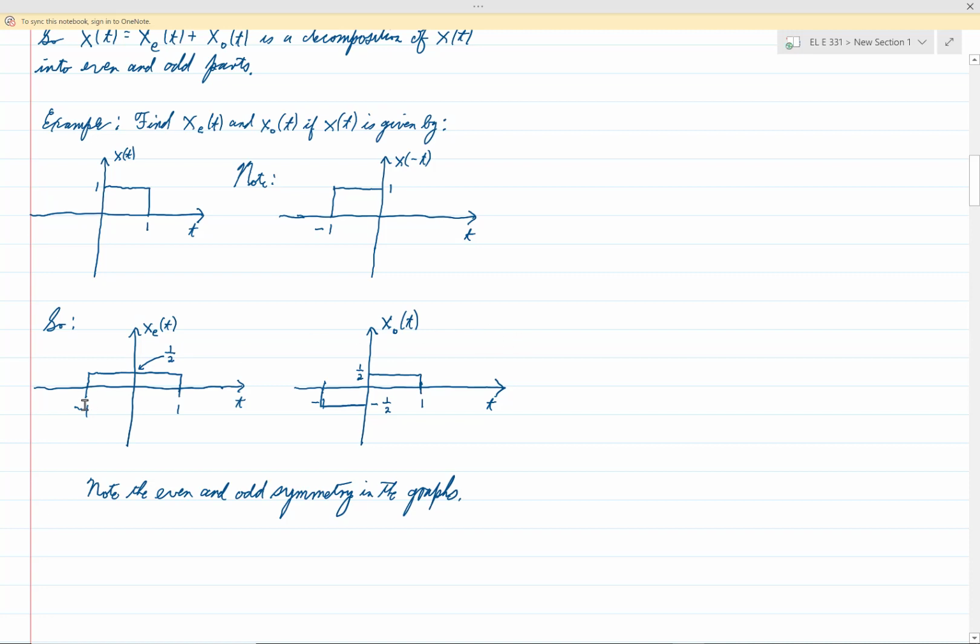And furthermore, you can also see that if you add these two functions together, you will recover your original function, x of t. So this is an example showing the decomposition of an arbitrary function into its even and odd parts.